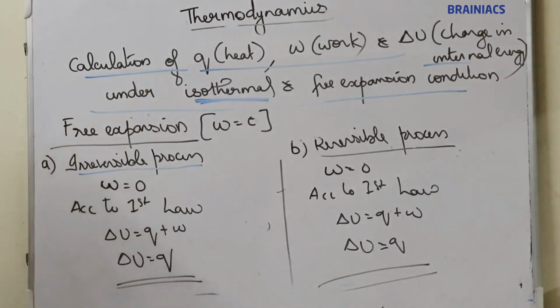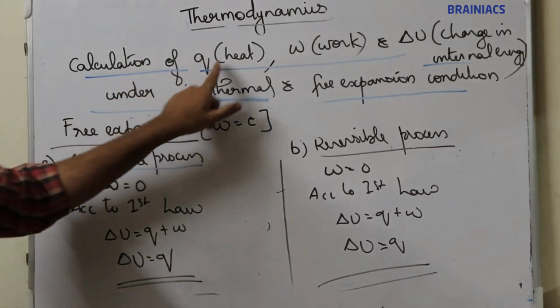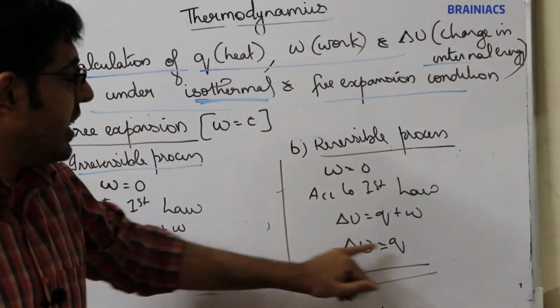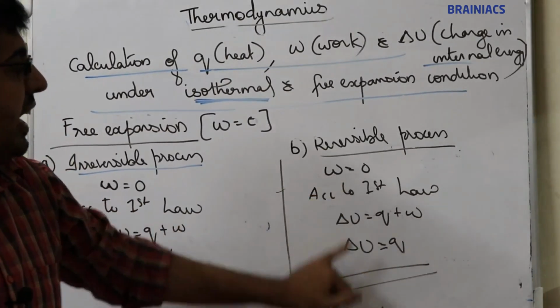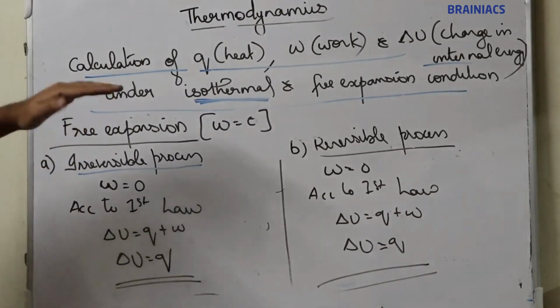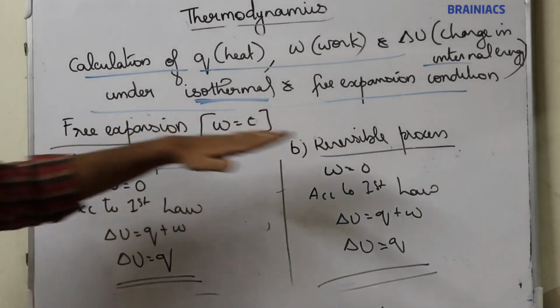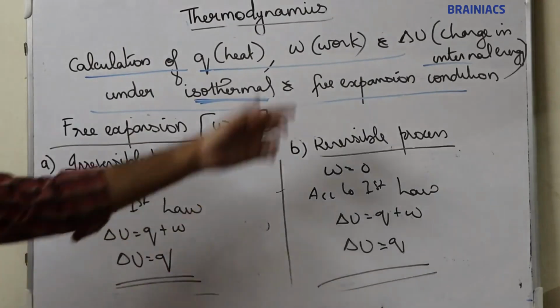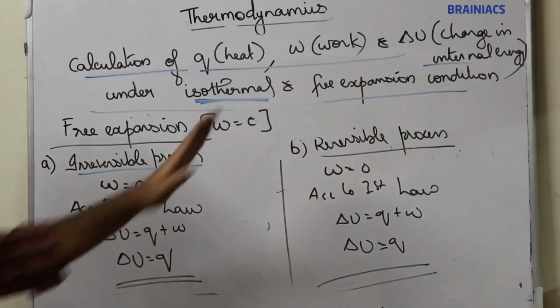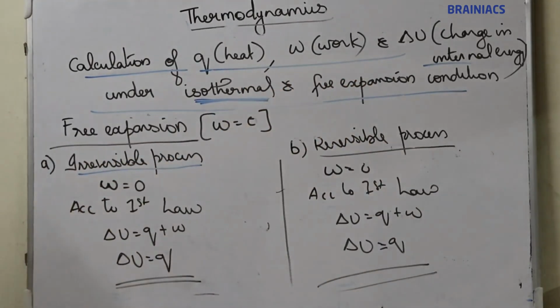Okay, so we calculated heat, work and delta U under isothermal condition for reversible and irreversible process, and under free expansion condition for reversible and irreversible process. I think it's clear.